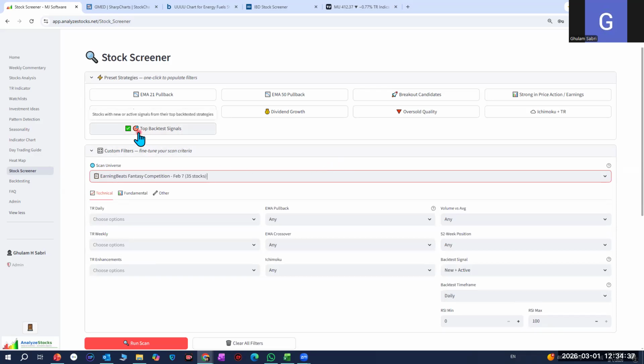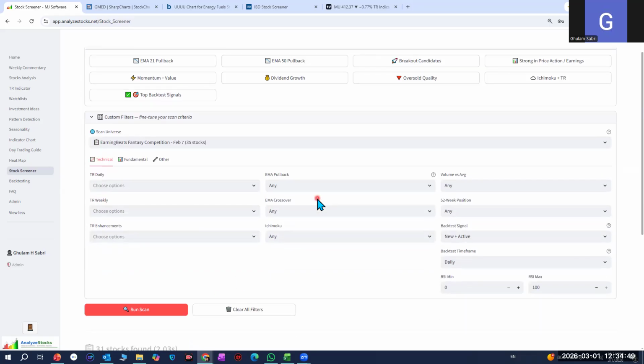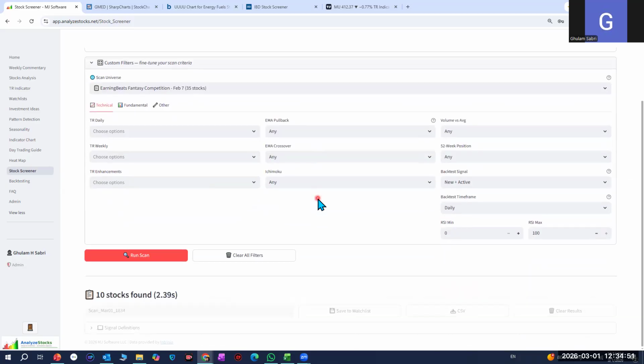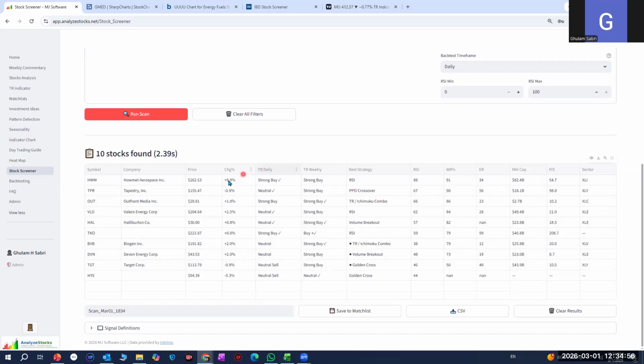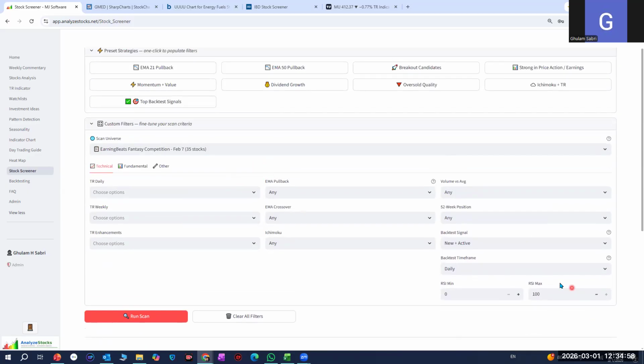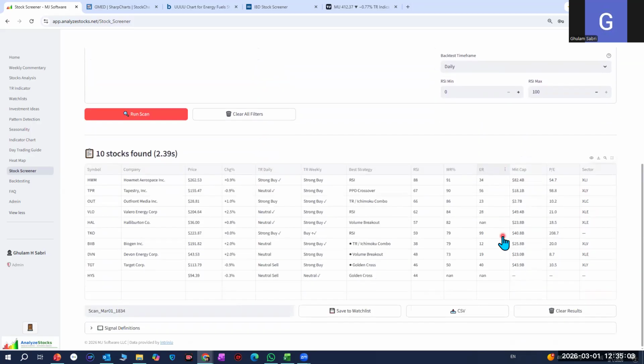And I want to run a backtest scan of top backtest signals among these 35 stocks. If we run this scan, among these 35 it gives 10 stocks with these signals. Based on this criteria, the three best backtest strategies should be new or active. So these are the best strategies, and they are new or active for this particular watch list.